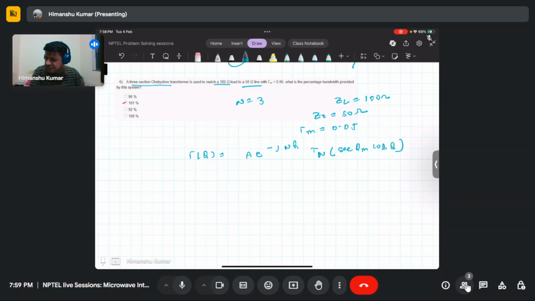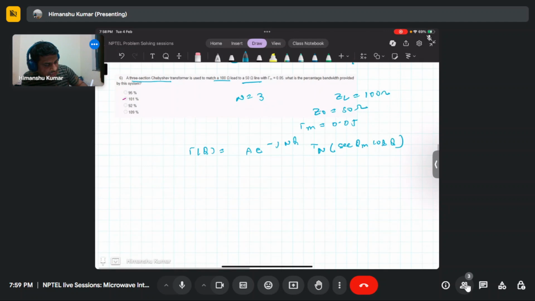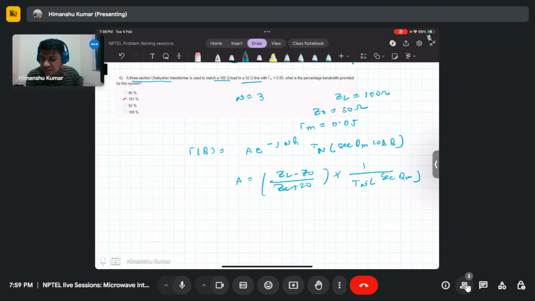So this is the expression, and A is given by (ZL minus Z naught) divided by (ZL plus Z naught), multiplied by 1 by T n of sec theta m.